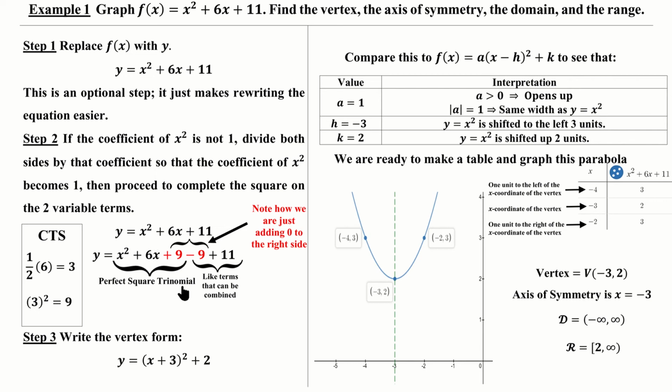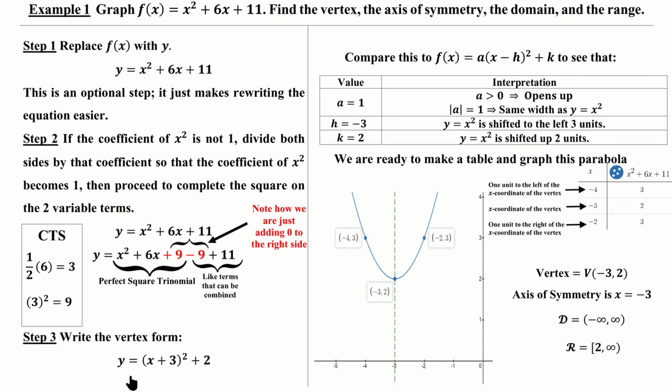But it does bring an important cosmetic change, which will help us put it in the proper format, because notice now over here we have a perfect square trinomial, and right there we have 2 like terms that we can combine. If we go ahead and do that, we write this in this form as we know, and these two, negative 9 plus 11, just end up giving us plus 2.